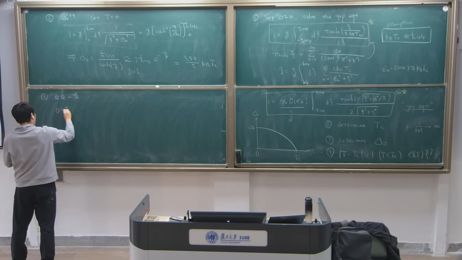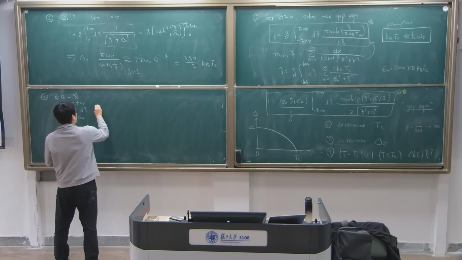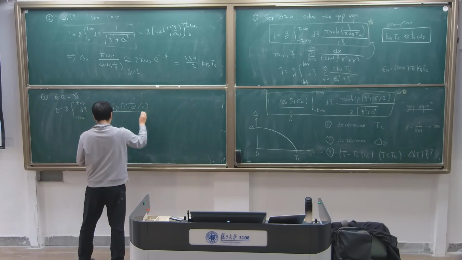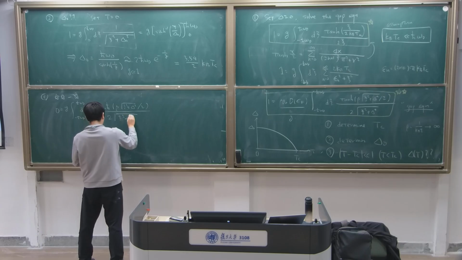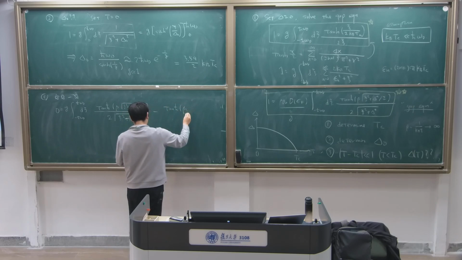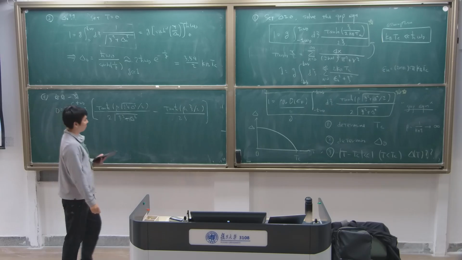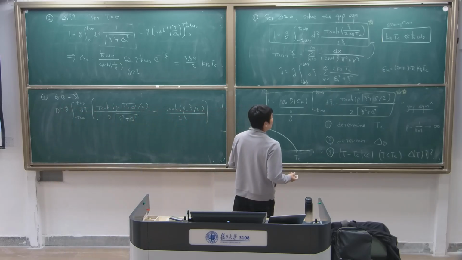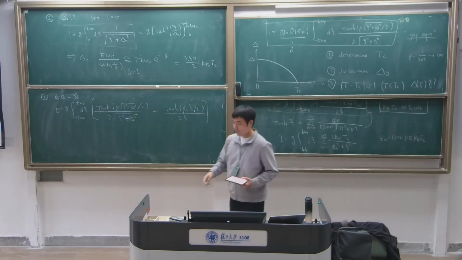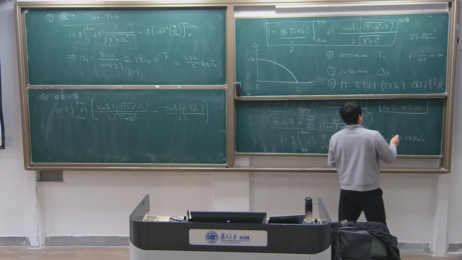Then what you get is 0 is equal to G times the sum of 1 over the square root of ε squared plus delta squared, minus 1 over 2 times ε. Okay? Is it okay? Okay, and then we use this expansion and find the sum by using this assumption.